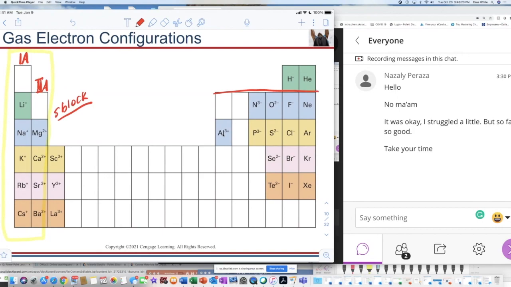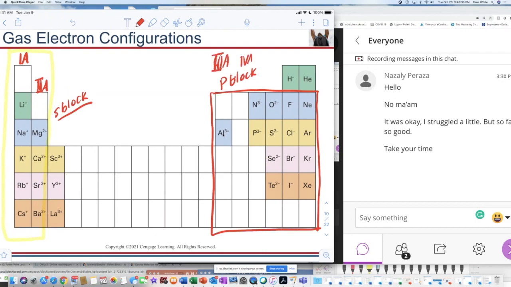P block is this whole block right here. The P block has group 3A, group 4A, 5A. Oh, I was on the roll until I realized I can't write small. Let me label this on the side. This is P block.